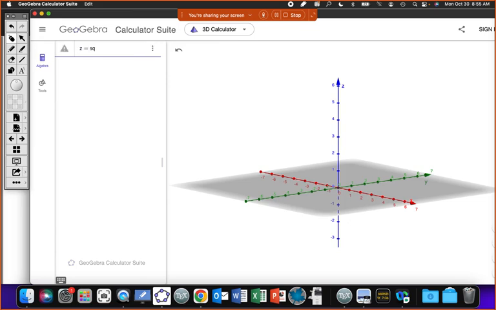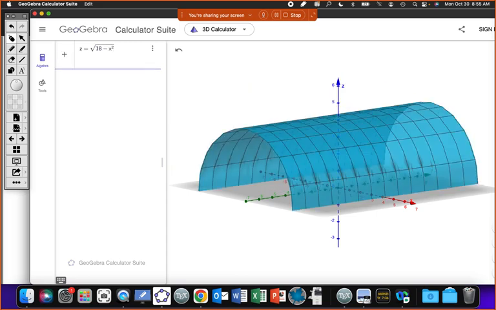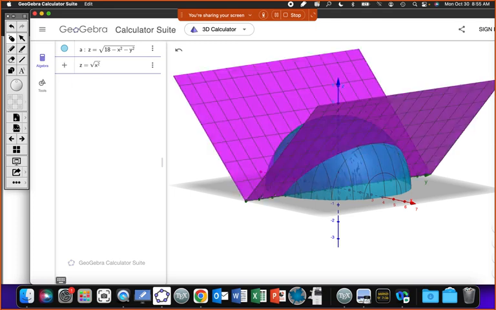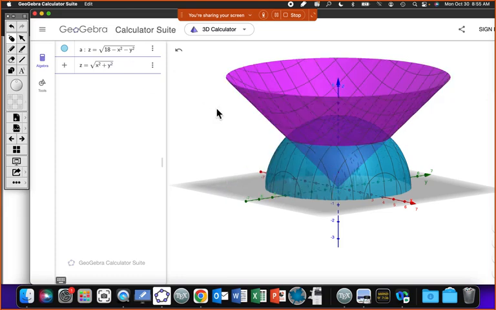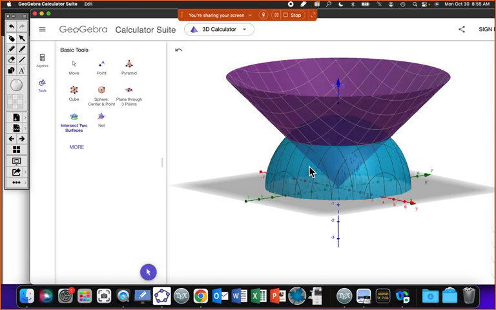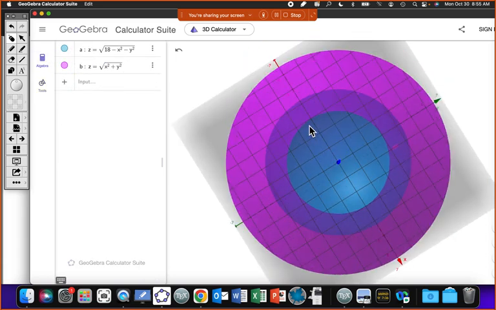And so once again, I invite you to make good use of this nice tool here. There's your hemisphere. There it is.